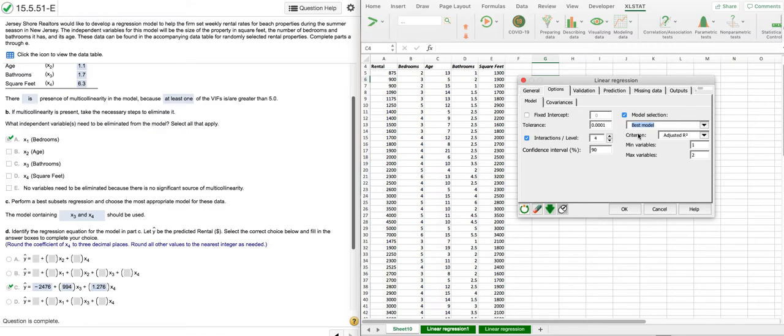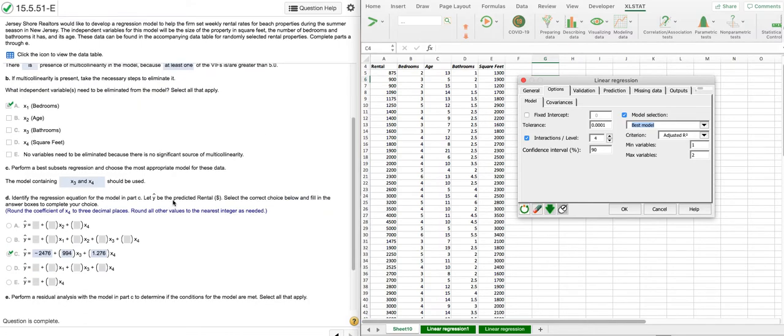This is commonly referred to as best subsets. We're going to base the best subsets on the adjusted R squared, kind of the most common, as opposed to an error term. And minimum variables, we do need to have something in here. We need to return at least 1 variable for the model. The max variables, I'm going to set at 3, because at this point we have 3 independent variables. So it's possible that all 3 could be the best model.